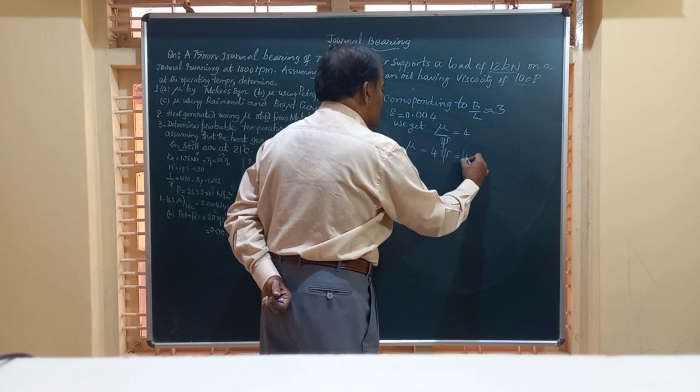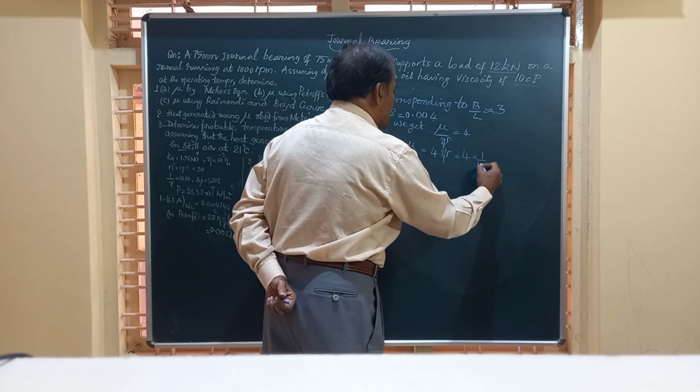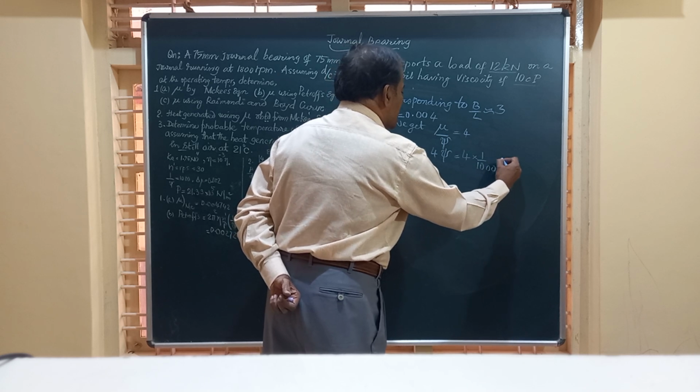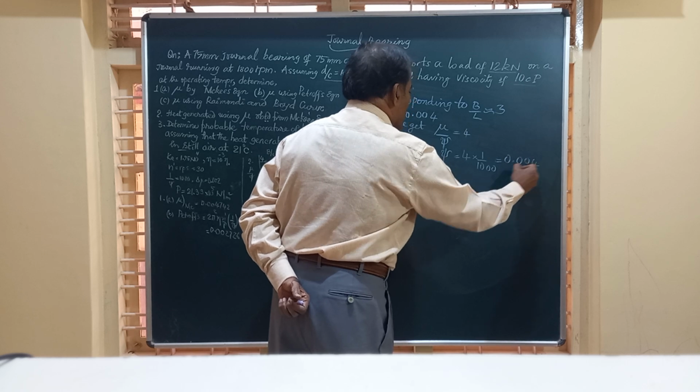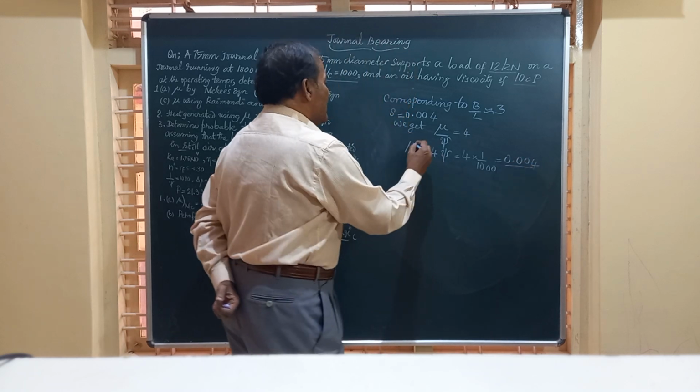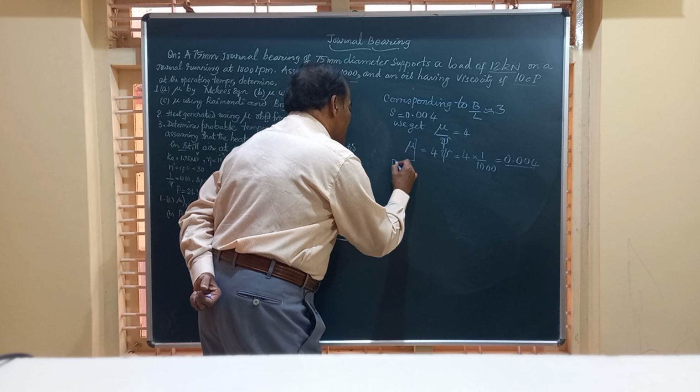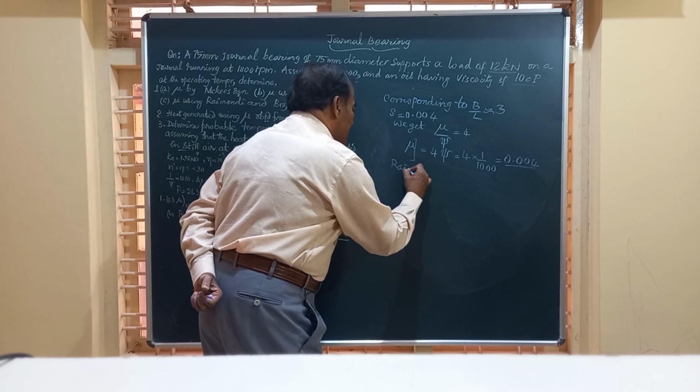So 4 times 1 by 1000 is equal to 0.004. So friends, this is the value of mu obtained from the Raimondi and Boyd curve.